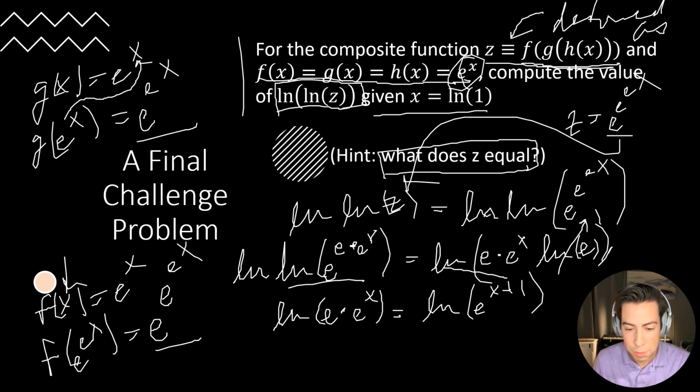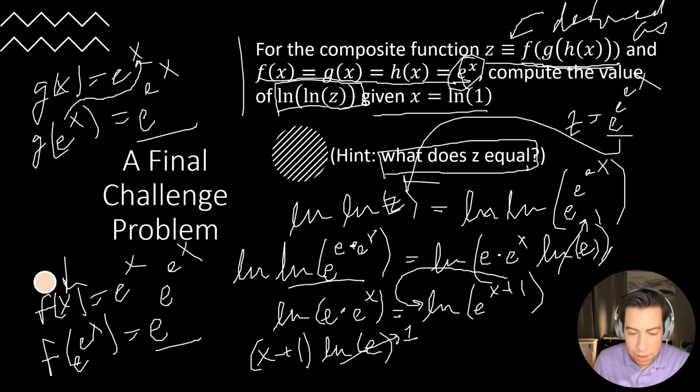Again, I can take this exponent out and use that kind of exponent product rule here. So I'm going to have x plus 1 multiplied by the natural log of e. Now guys, again, remember the natural log of e is just going to be 1. So now I have this entire thing equals x plus 1.